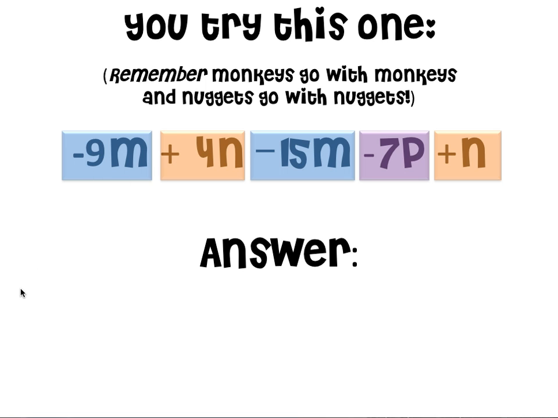And when you start combining, you have a negative 9m and a negative 15m. Those two go together. You have a positive 4n and a positive 1n. And then you have a negative 7p all alone. So let's combine those, put them in alphabetical order, and try and figure out what your answer would be. Pause the video, and then restart it again to see if you are correct.